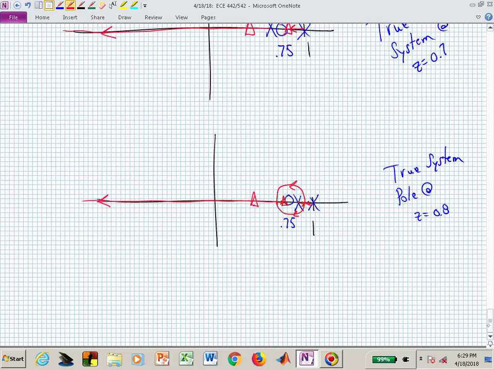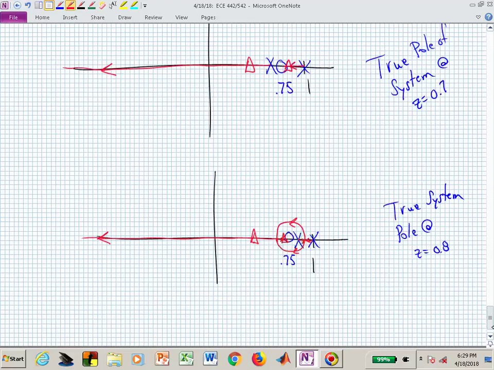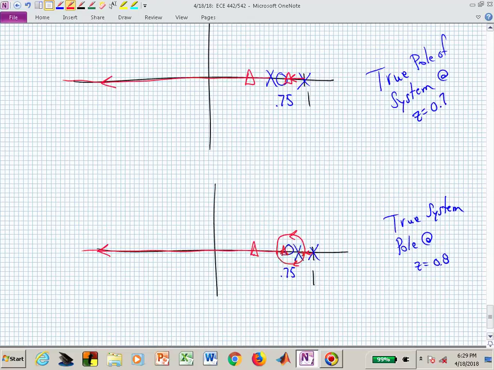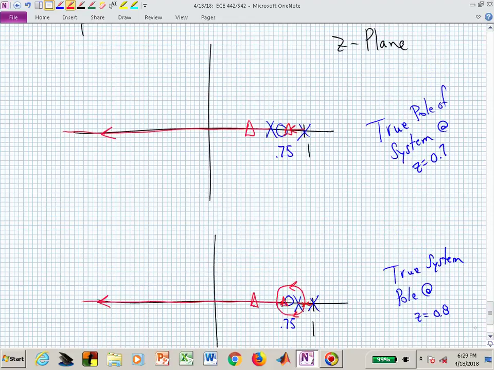Yes? So now the question was, wouldn't our system response be necessarily slower? You will have a mode at that triangle. Both triangles will give you modes, won't they?